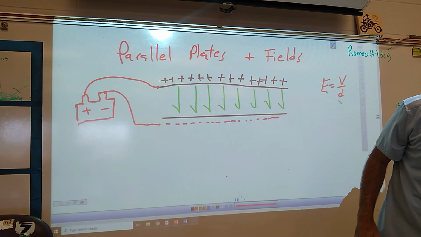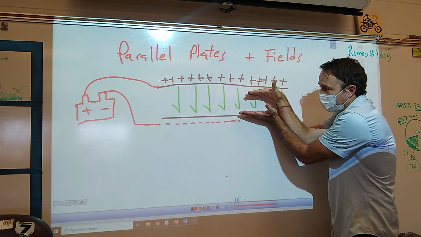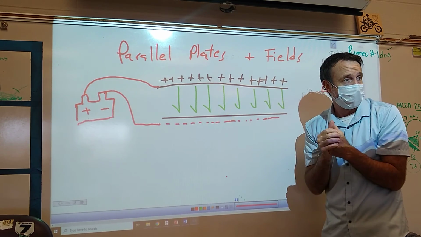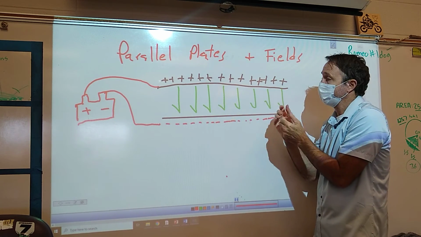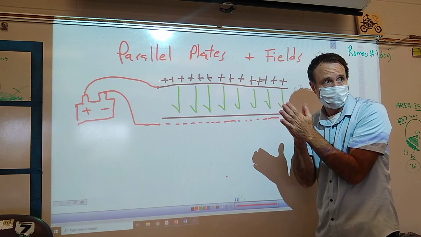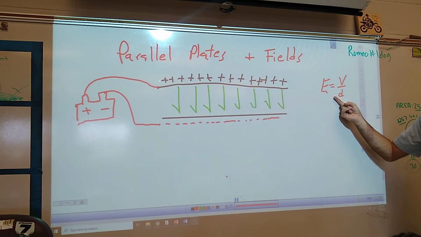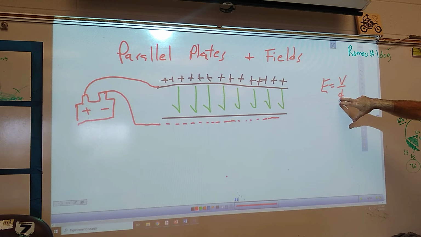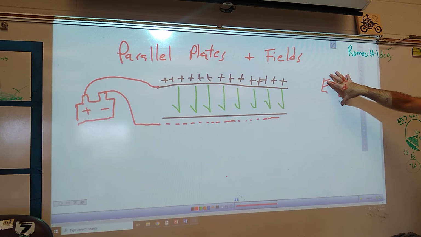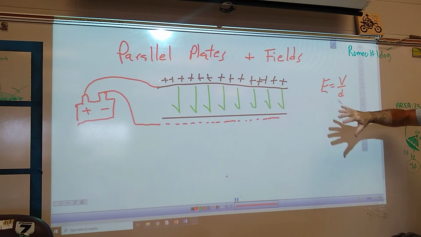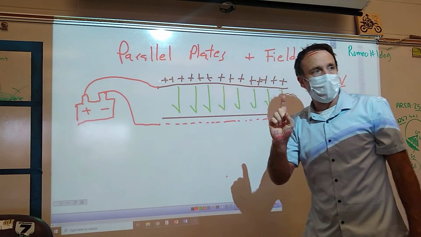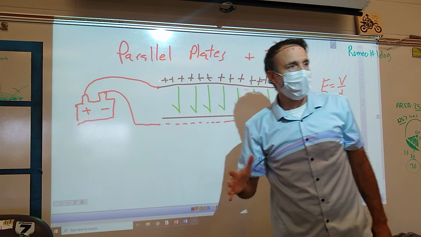Do you not agree that the closer these things are together, the more intense the electric field and the more likely it is for a spark to happen, right? So this is kind of common sense. Do you agree with that? This is almost just a common sense equation. All right? But here's something you need to know.